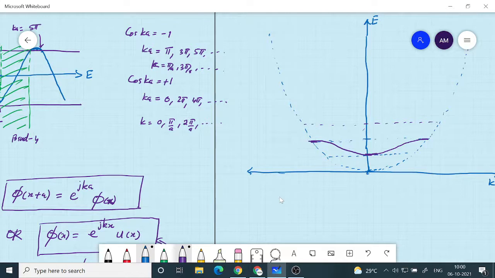So for that solution, if you draw a perpendicular from here, and let's say that this is the range for which you are going to have solution, if you drop a perpendicular here, you will come here, and then it will be flat here, and then you will have something like this. Again, same thing here also. It will be flat here.